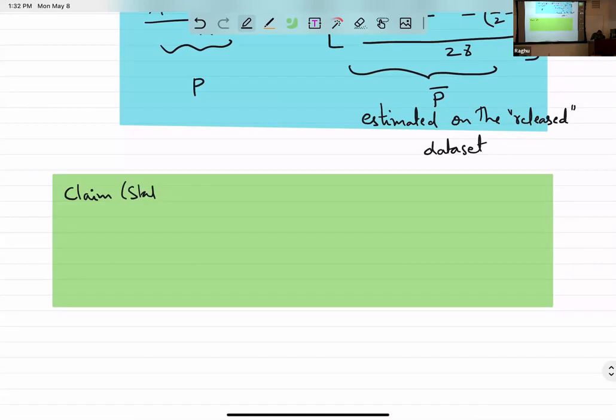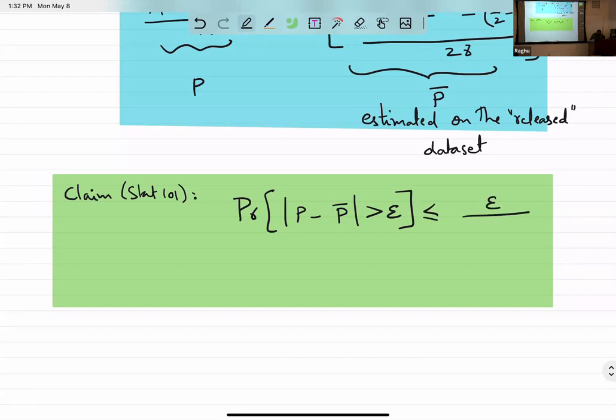Let's say this is stat 101: you can show that the probability that the true value P minus your P bar is greater than epsilon is less than or equal to this.